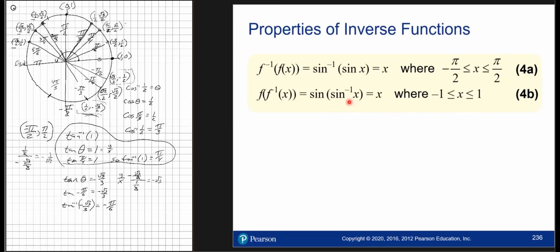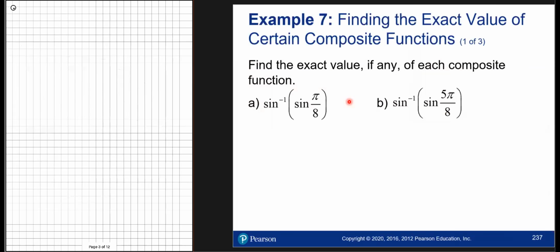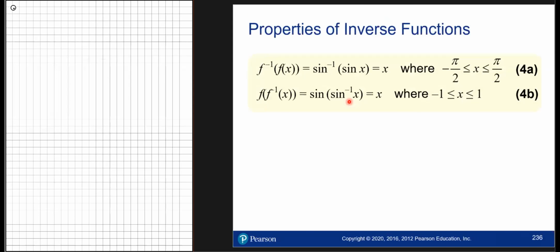Okay. So inverse functions undo each other. This is just quite literally the definition of inverse functions, or part of the definition, I should say, is that when you compose the two functions, either way, you'll get the argument back.